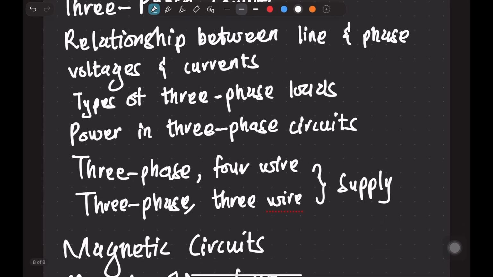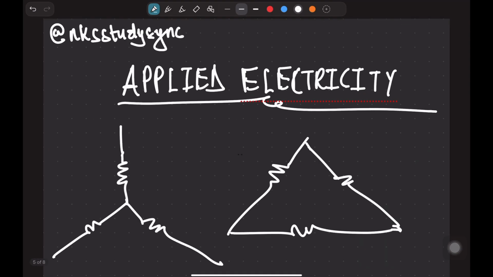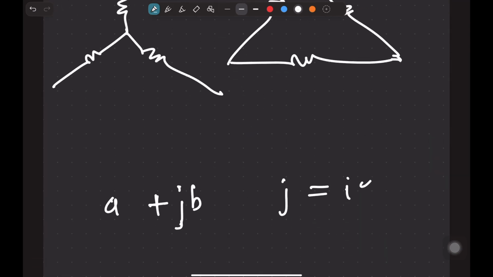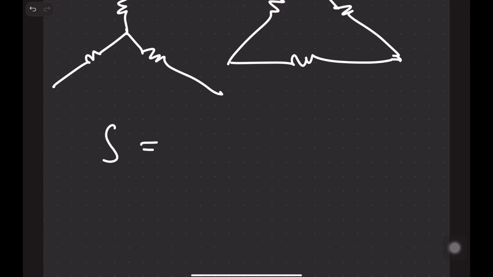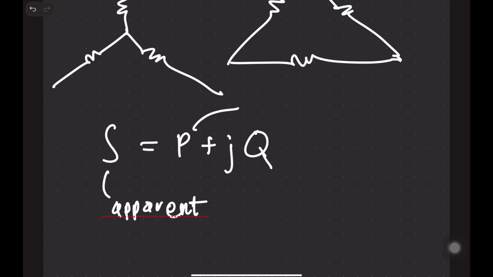We'd also discuss power in three-phase circuits, which is usually represented as S is equal to, where S is the apparent power, P is the active power, and Q is the reactive power.